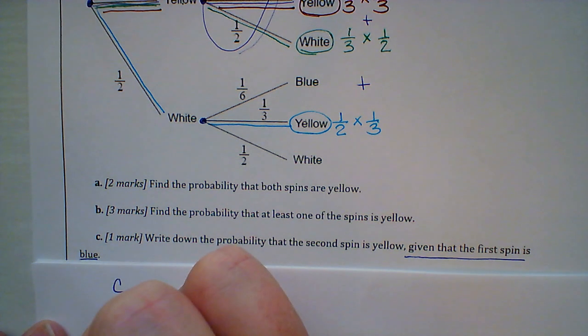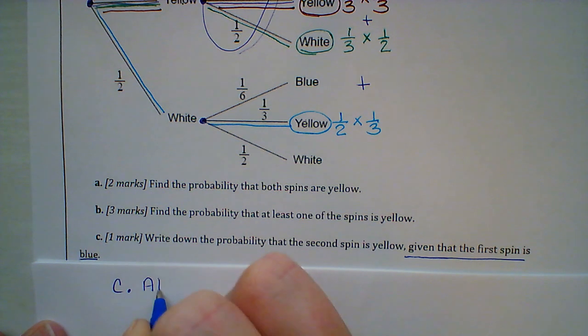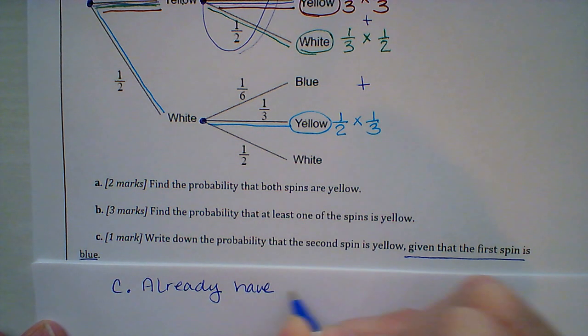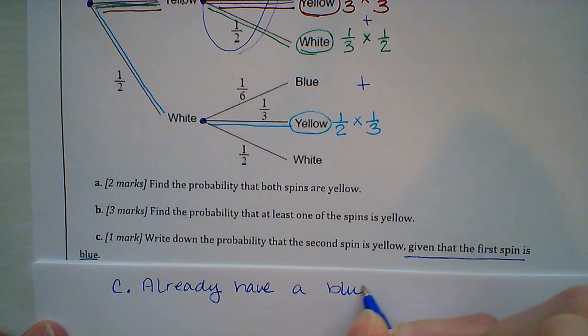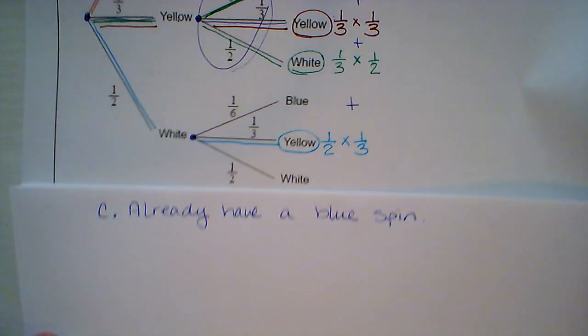So for part C, given the first spin is blue, this means we already have a blue spin, or spin to blue, however you want to call that. So we've already spun a blue. Remember I told you in 1 or 2 of the other videos, tree diagrams are kind of like real trees.